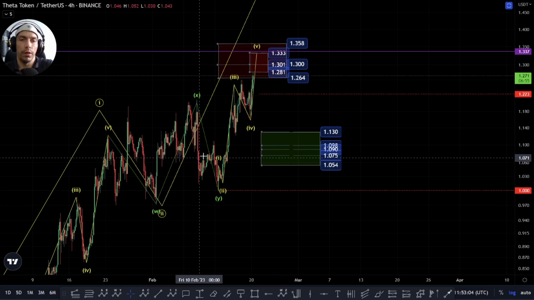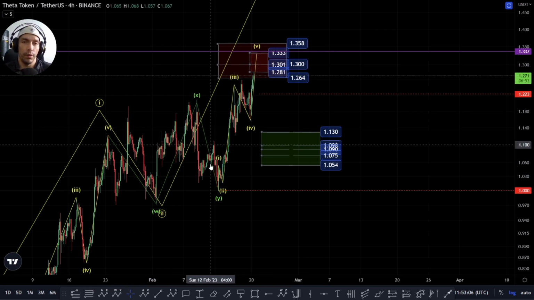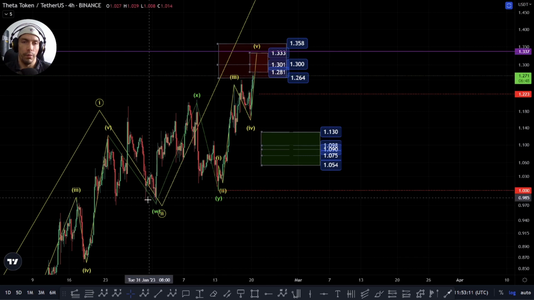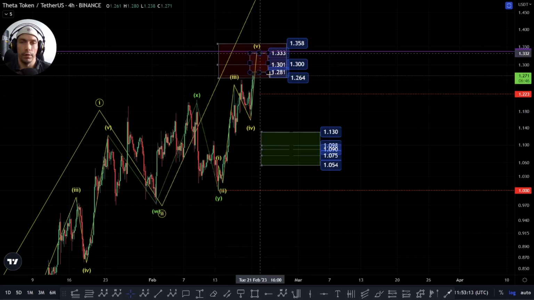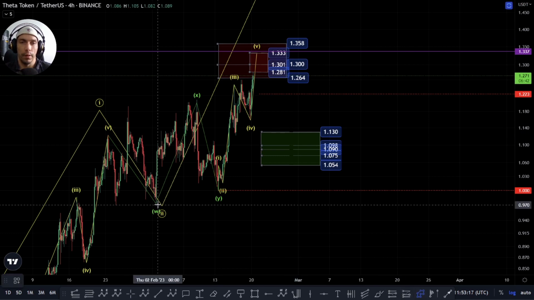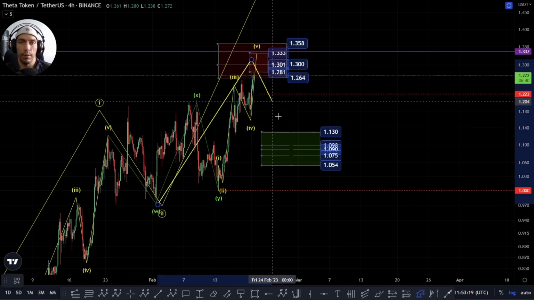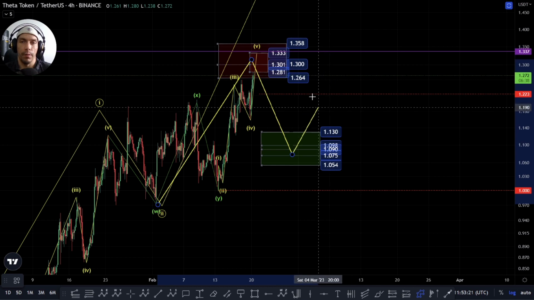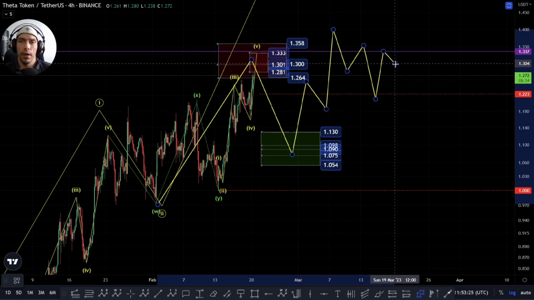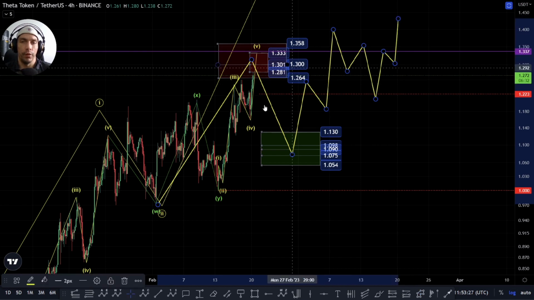So the problem with this is we would have to count this as a wave 1 as a diagonal, and then look for that 3, 4, and a 5. So actually something more like this, where we complete, then we come here and then we form a 3-wave structure instead of a 5-wave structure. And then this would be a terminal move.